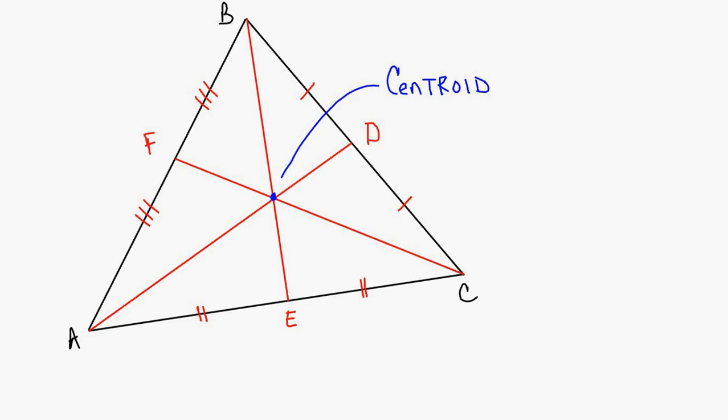And this centroid is 2/3 the distance from the vertex to the opposite side. So here's what that means. This piece is 2/3, and this piece is 1/3.